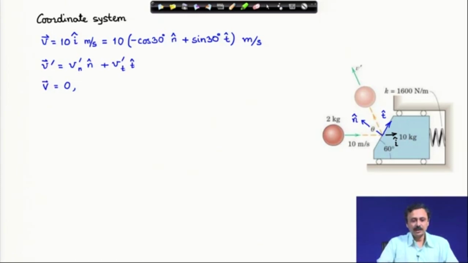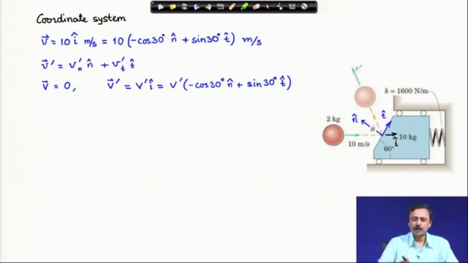Initial velocity of the carriage, which I indicate by the capital V, is 0. After impact, so capital V is before impact, and V prime, which is the velocity after impact, is magnitude V prime times I cap. It will take velocity only in the I cap direction, and this again I represent in the tangent normal system.